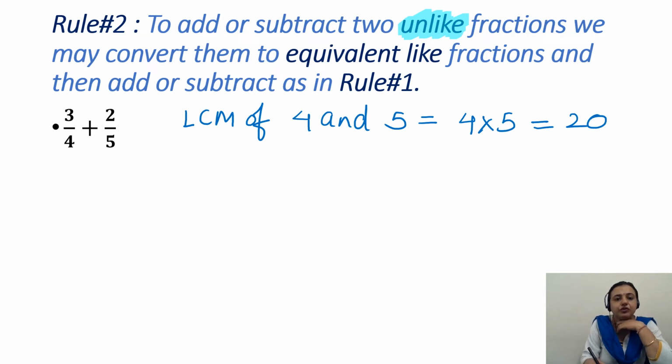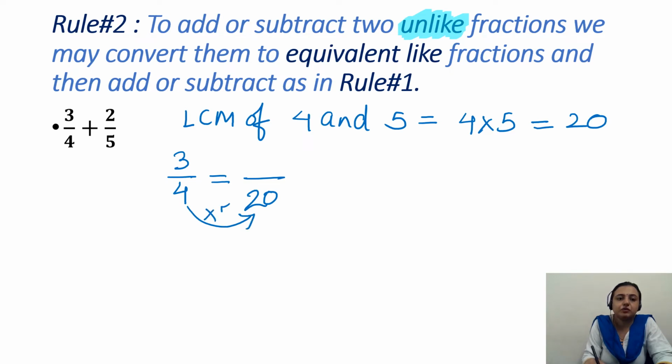Now we have to simply convert 3 upon 4 and 2 upon 5 to equivalent fractions with denominator 20. So let us do this. 3 upon 4 needs to be converted to the equivalent fraction with denominator 20. So for this we multiply this 4 by 5 and also this 3 by 5.